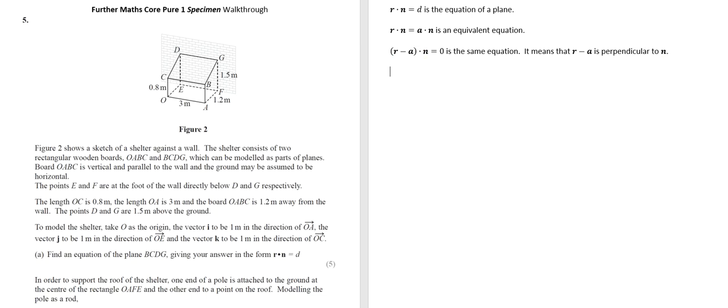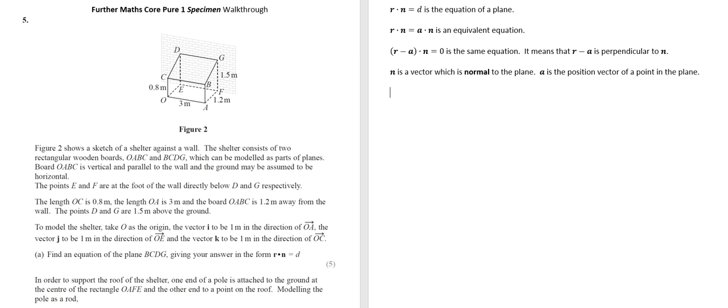Because the key thing here is that n is a vector which is normal to the plane, and a is the position vector of a point in the plane. And remember, with an equation like this, r is the variable, if you like.